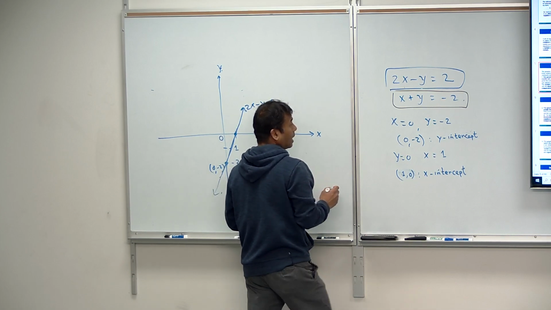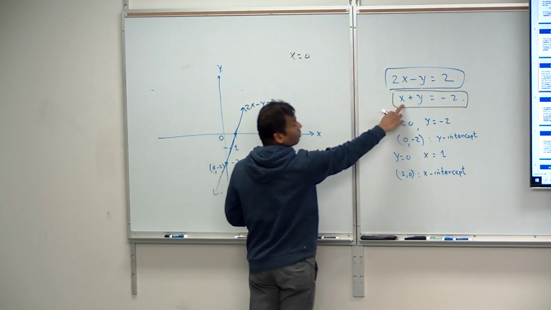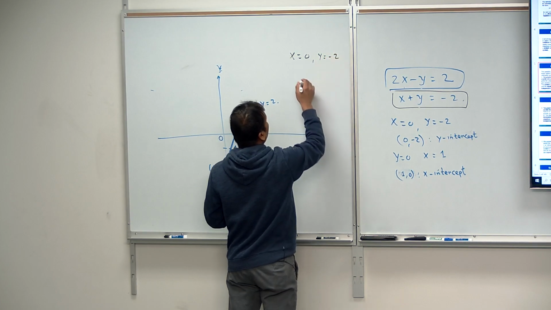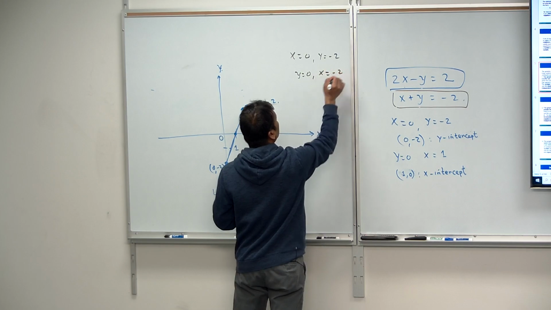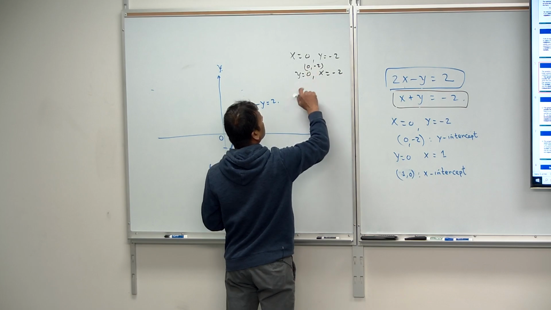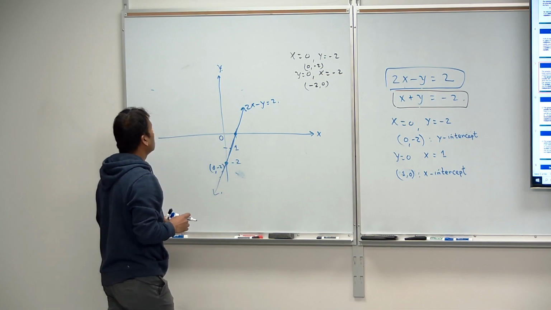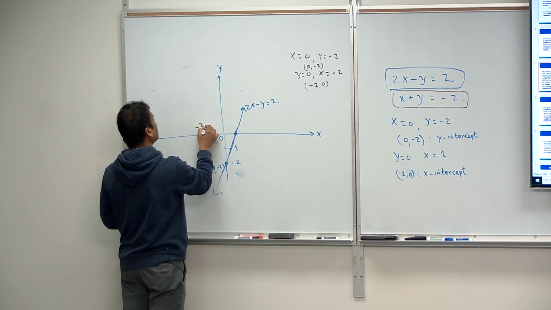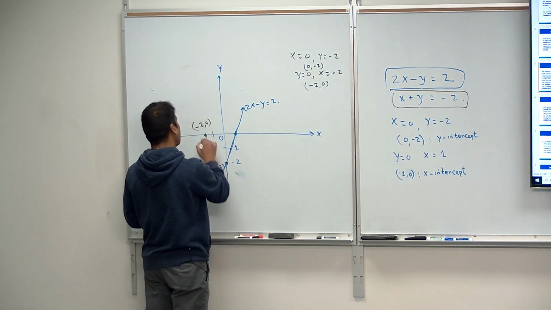Now similarly, if you want to draw the graph for the second one, you plug in x equal to 0, then y equals -2. If you plug in y equal to 0, x is -2. So 0, -2 is the y-intercept, and -2, 0 is the x-intercept.